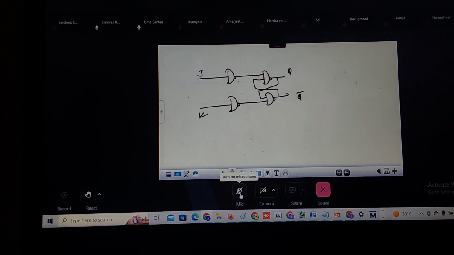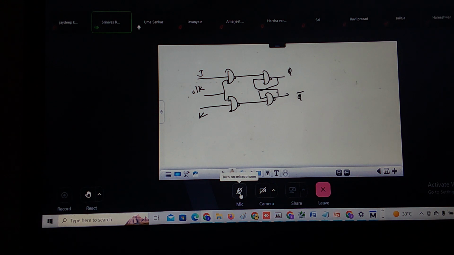So when racing is happening, let us take the flip-flop. I'm going to write the NAND version of the flip-flop. This is Q and Q bar. Let us take a JK flip-flop. This is the clock.